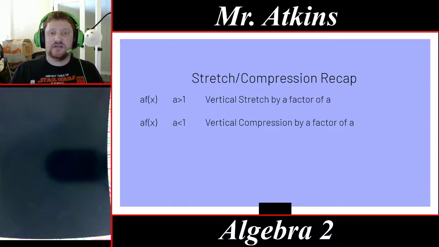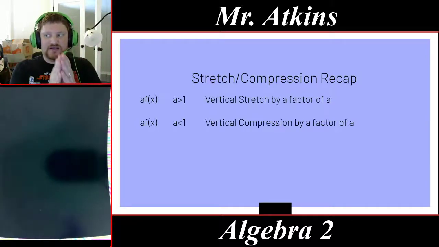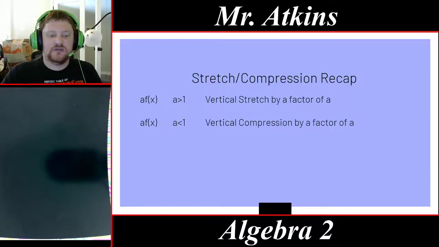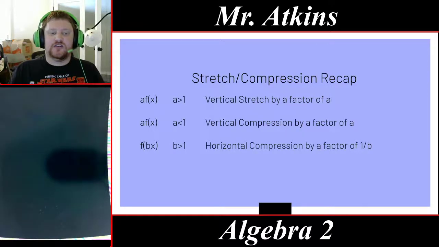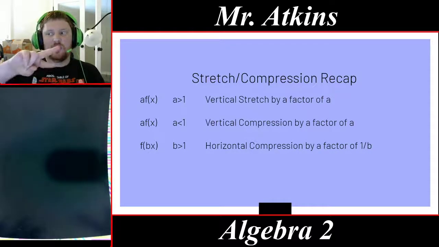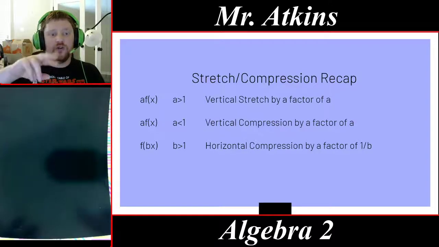If instead we move that number to the inside of the parentheses, it's now horizontal. And if it is larger than 1, it's a compression. But again, remember that we're going to say it's 1 over that number.